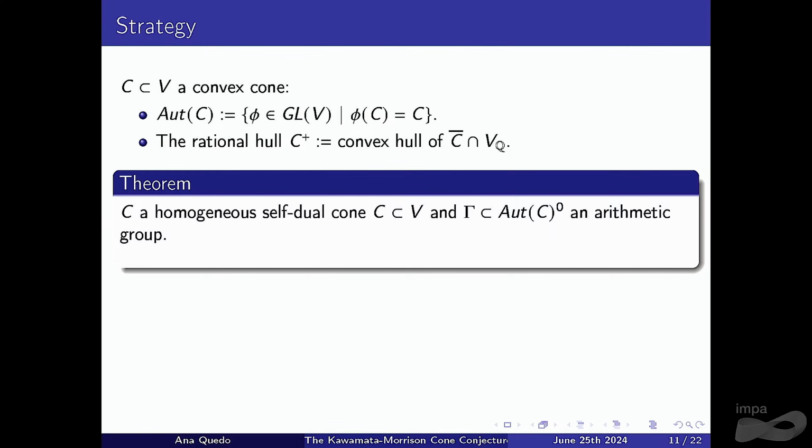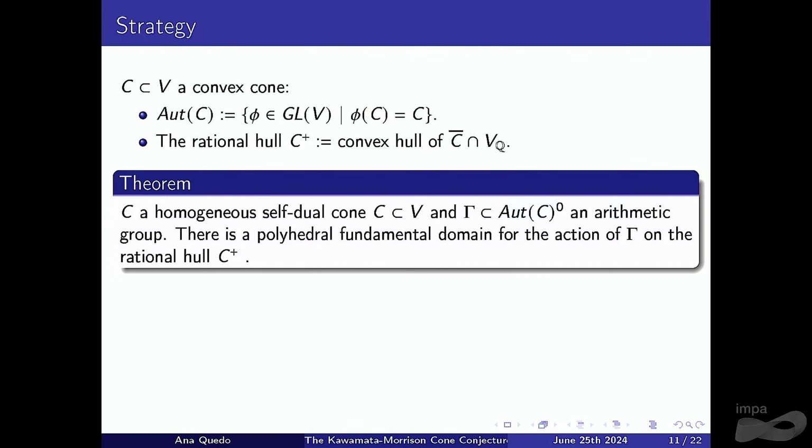And so there is this theorem due to Ash of convex geometry that says that when we have a homogeneous self-dual cone and an arithmetic group gamma on the connected component of the identity of the automorphism group of the cone, we know that there is a rational polyhedral fundamental domain for the action of gamma on the rational hull.